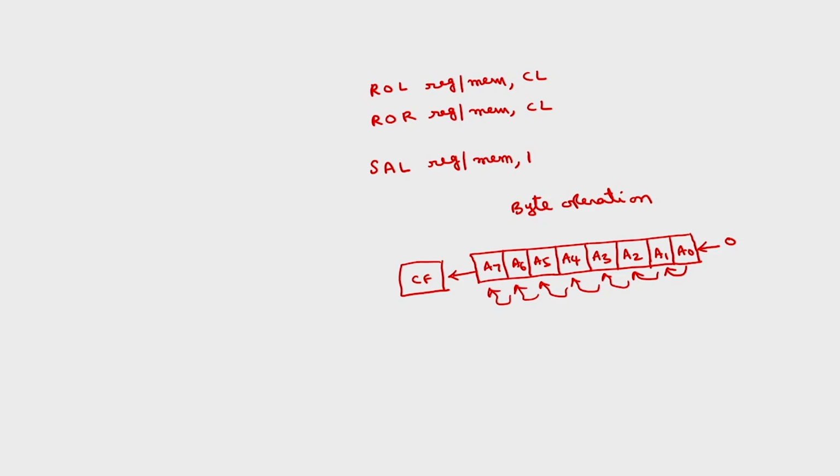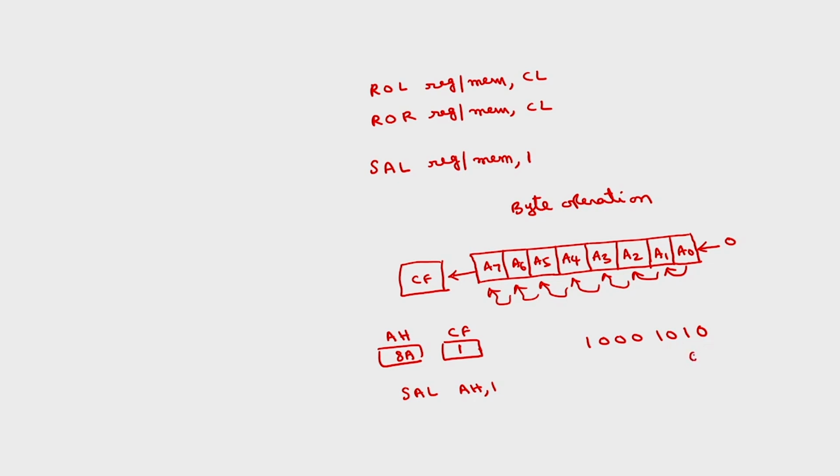Okay. So, to understand this operation, if I give an example, suppose same AH is equal to 8A, and carry flag is set. If I write SAL AH comma 1, then 8A will be 1 0 0 0 1 0 1 0, and if you shift left by one bit position, zeros will be added here.